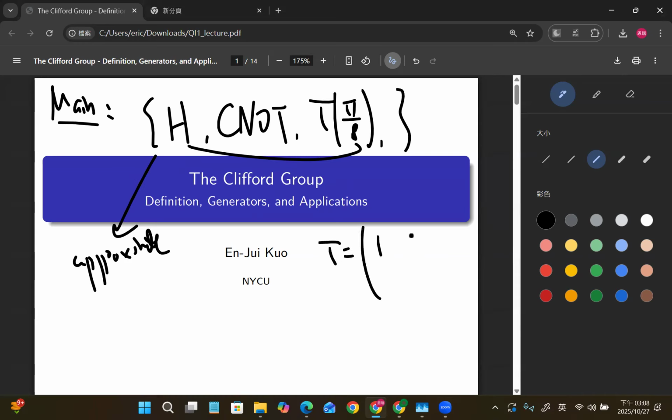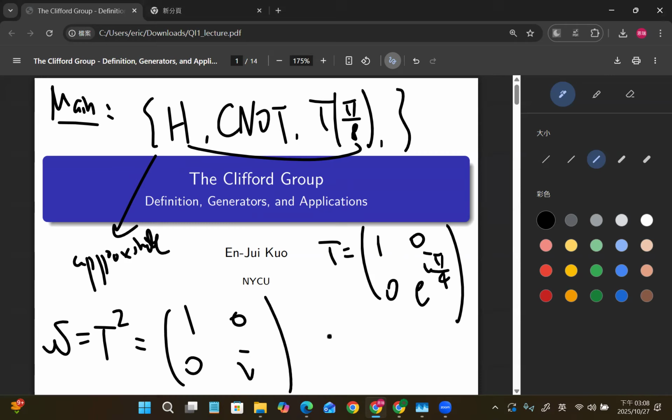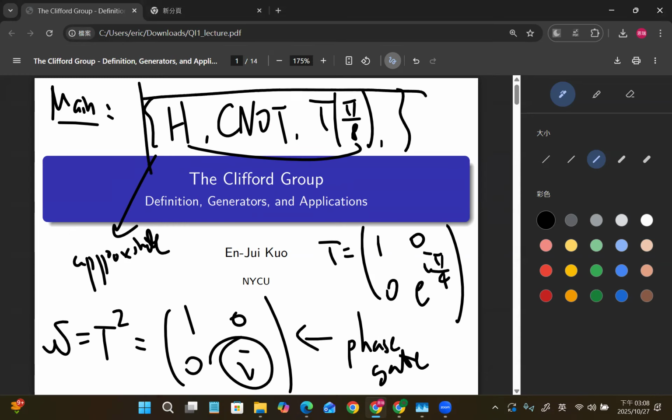So T is the exponential of i pi over 4. One can define a so-called S gate as T squared, which is the exponential of i pi over 2. This is called the phase gate because for the state one, you just apply an additional phase i.